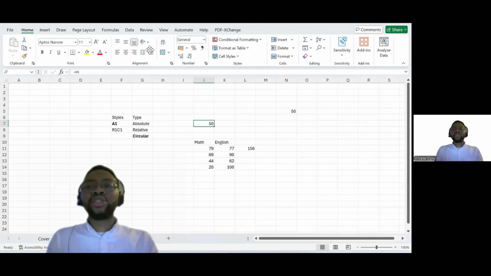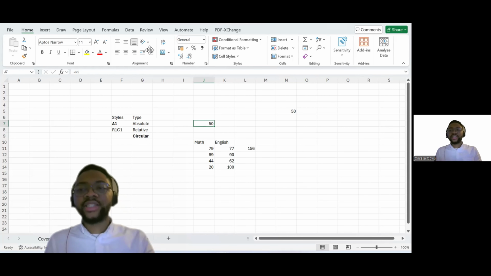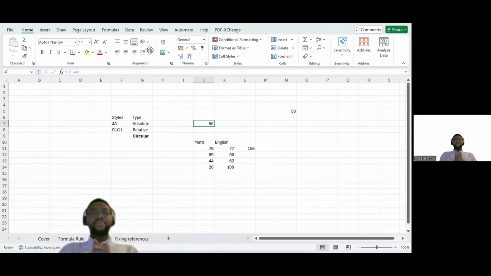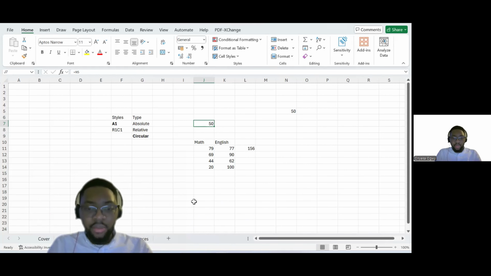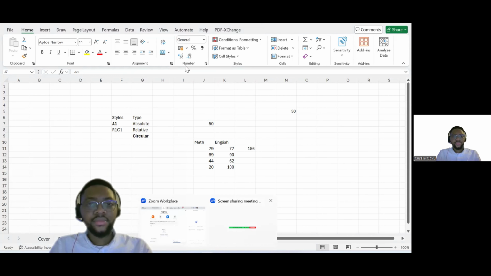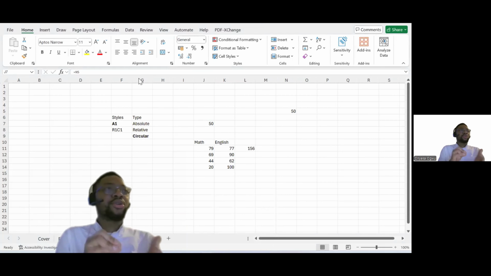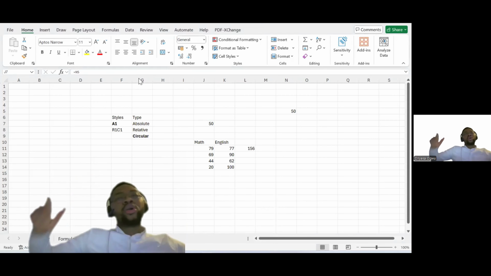Now, for absolute reference, are we locking the row, the column, or both of them? You can just respond on the chat and see. So I said for absolute reference, we lock both the row and the column.